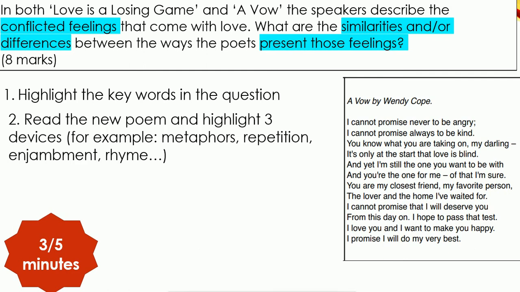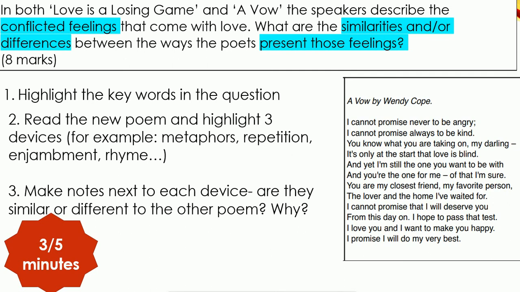And as you did with the previous poem, you now want to spend up to a maximum of 5 minutes reading through the poem. And aim to highlight 3 devices, 3 methods that you can see the writer has used here. And again, things like metaphors, repetition, and so on. You are then going to compare those with the previous poem. Importantly, you can refer to devices and techniques you have already mentioned in your previous question for Love is a Losing Game.